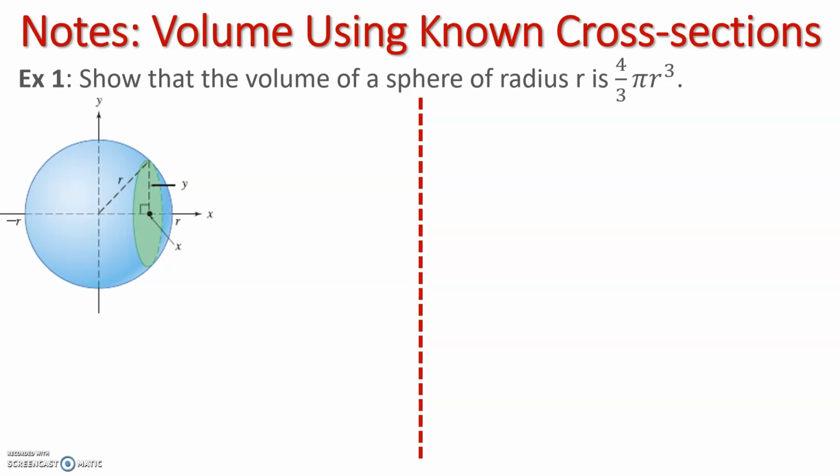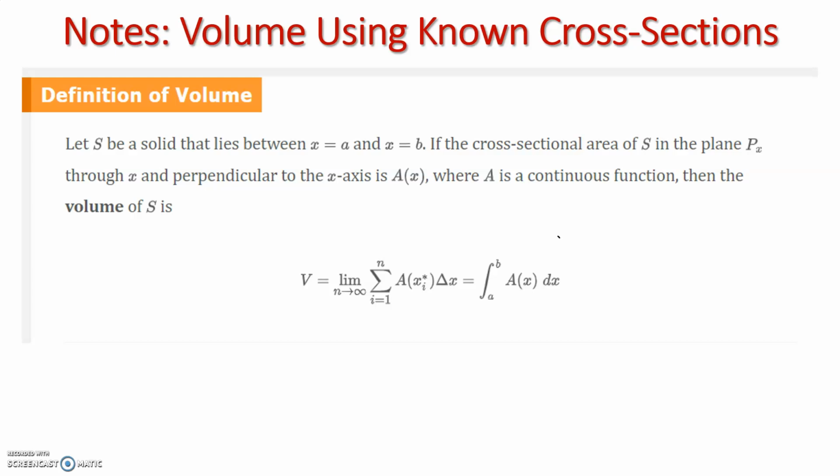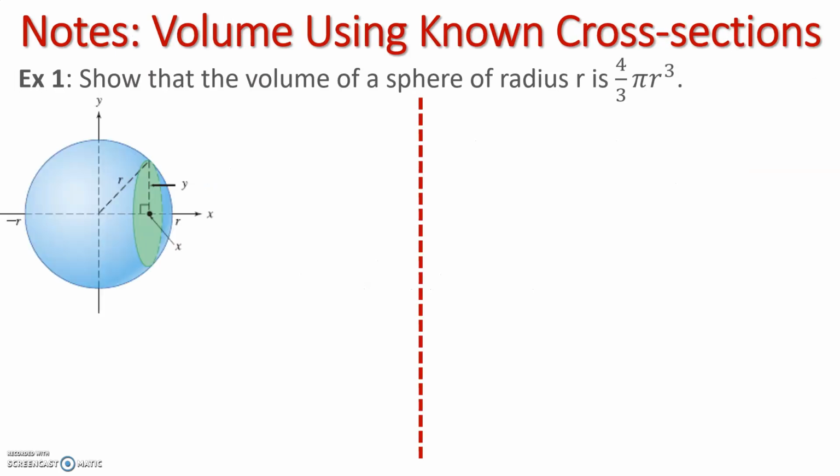And if we make them as thin as we want, we can essentially have these areas, these flat two-dimensional circles across this negative r to r. Now, according to this definition, we can find the volume of the sphere by taking these cross sections, these circles, and accumulating them across the space.